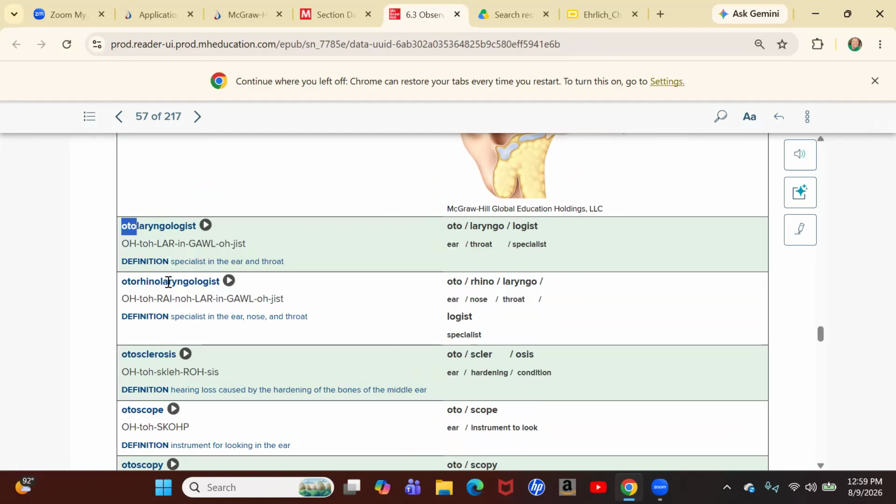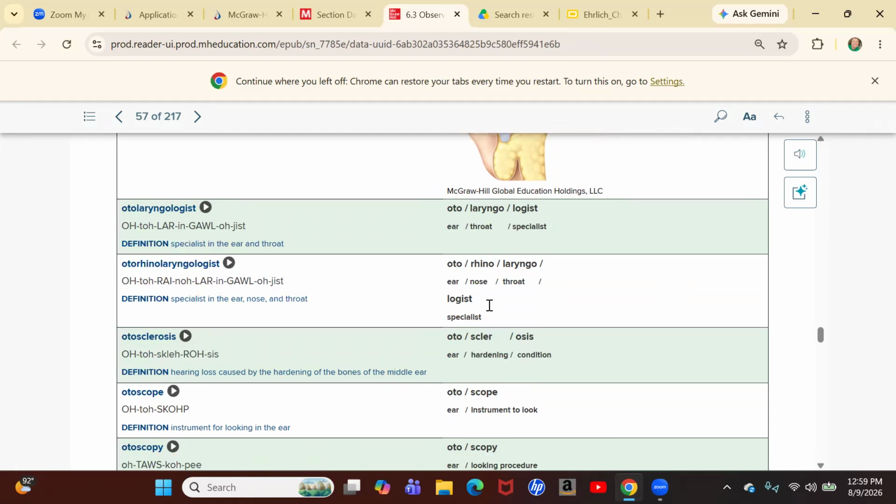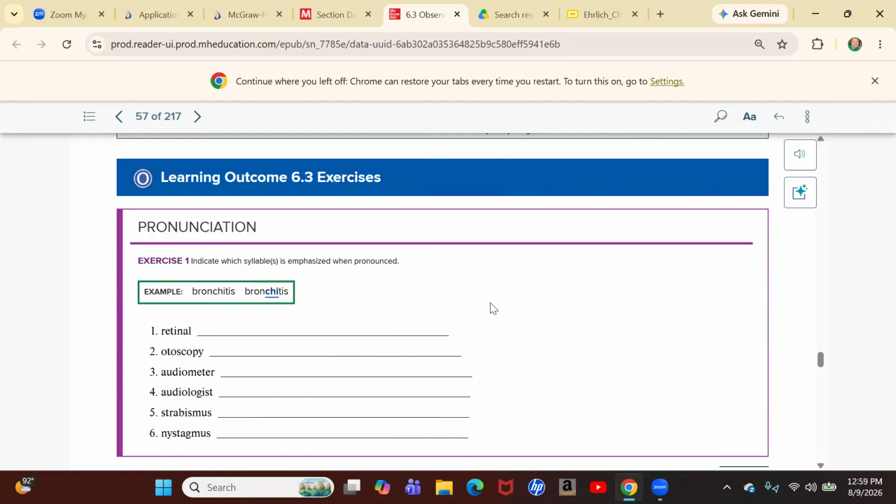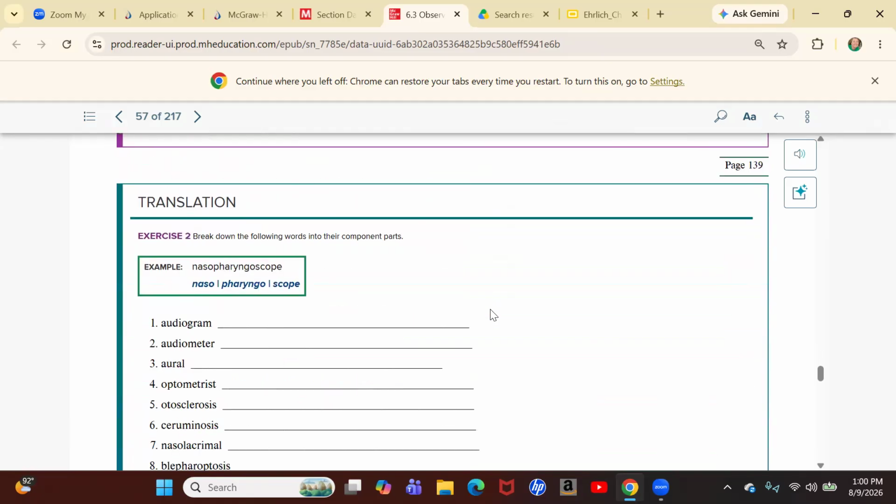So kind of an otorhinolaryngologist, also known as an ear, nose, and throat doctor. But the medical term is otorhinolaryngologist. We talked about the otoscope already, and here's your pronunciation.